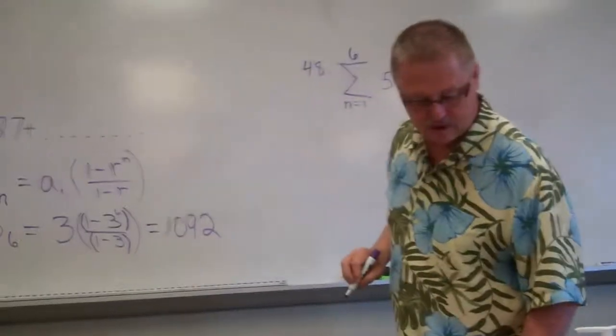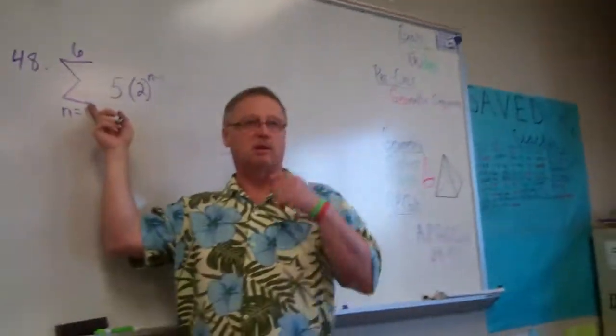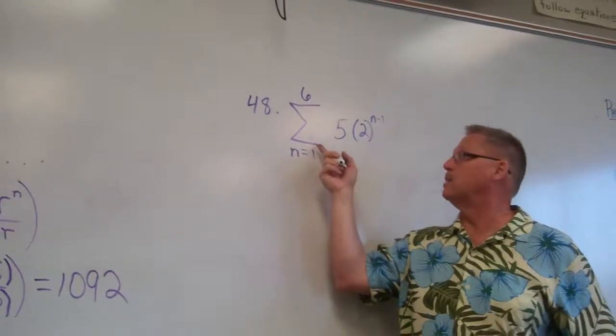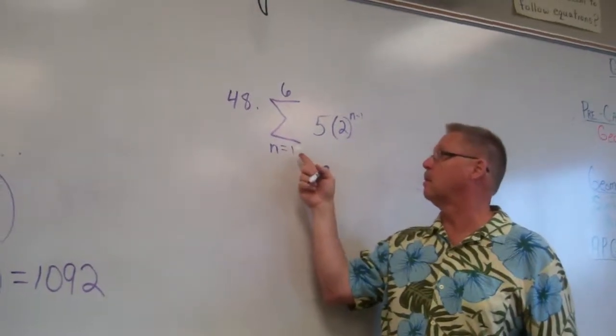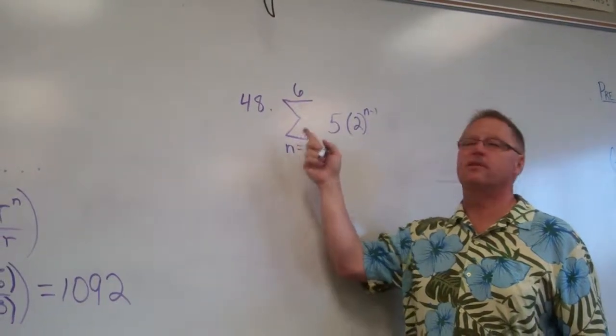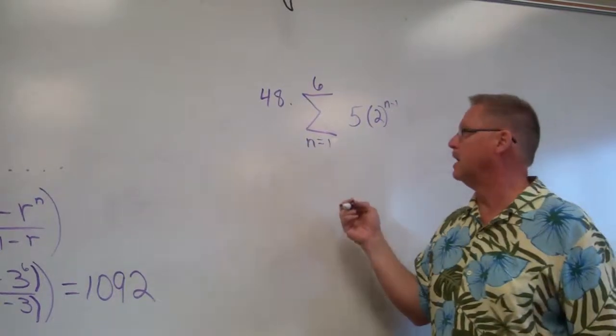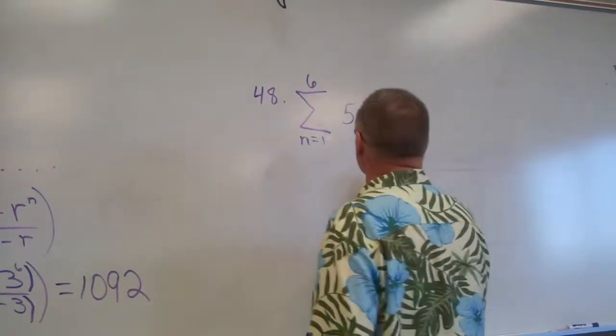All right, for this number 48, we've got the big summation symbol again. That means we have to add up what this gives you for n from 1 through 6. So there are 6 numbers to be added up here. I could write them all out and do it kind of slow.